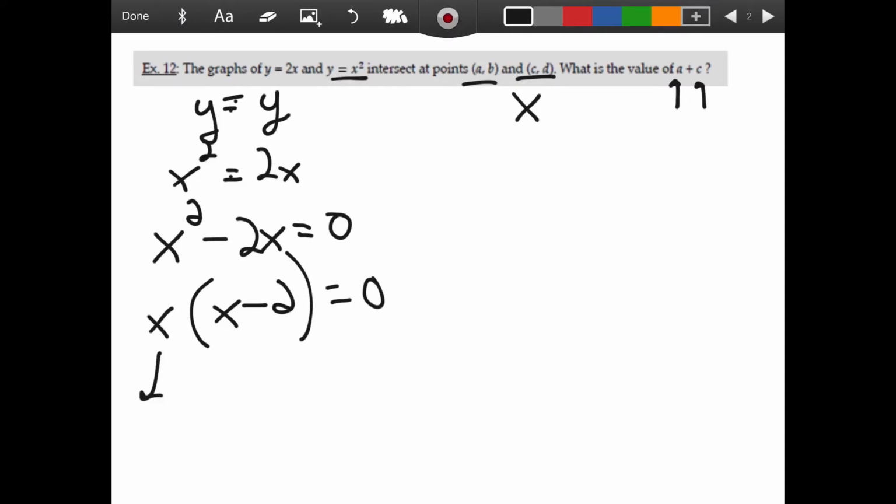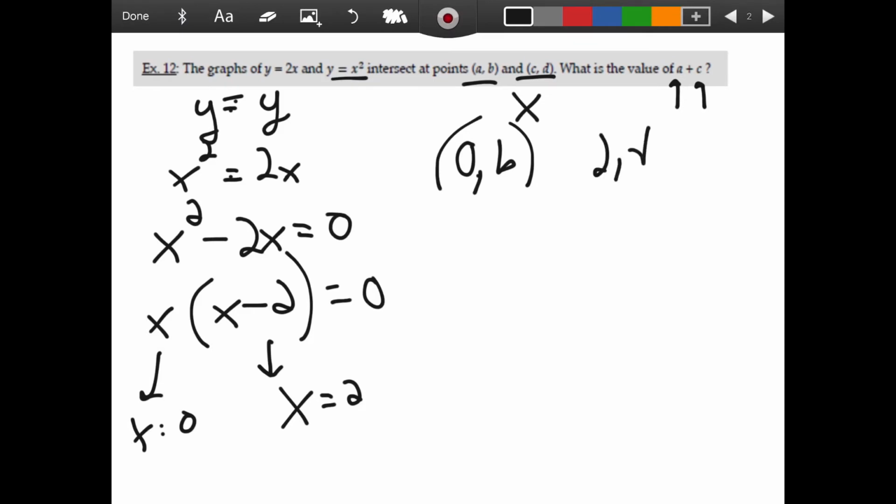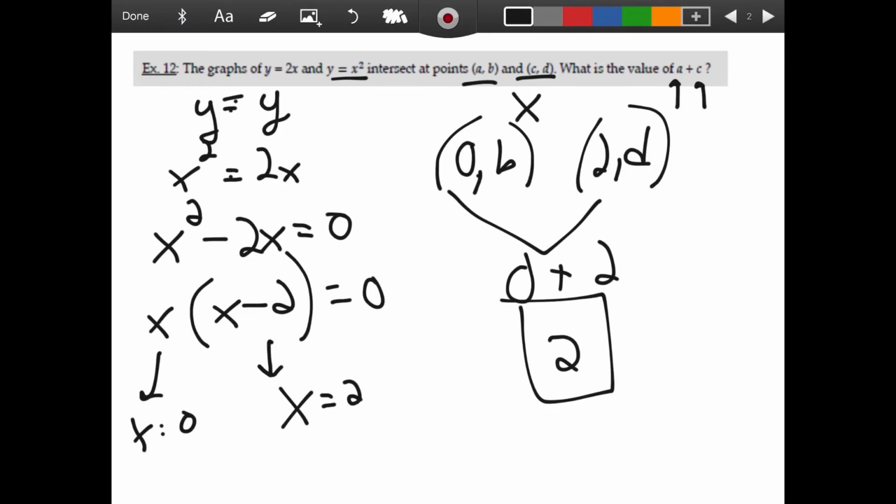So here, x equals 0, and here, x equals 2 for the solution. So the x values are 0 and 2. So it's (0, b) and (2, d). So if we're adding a and c, we add 0 plus 2 and we get a value of 2.